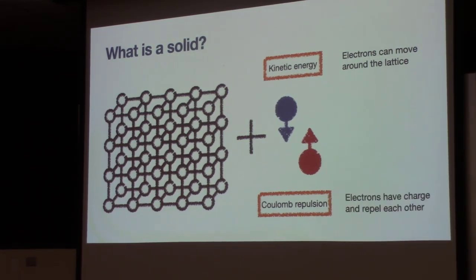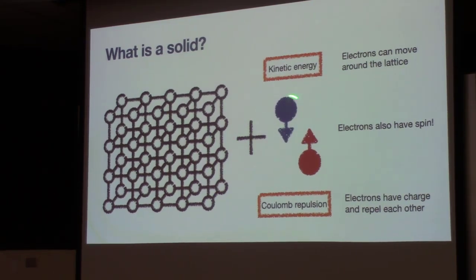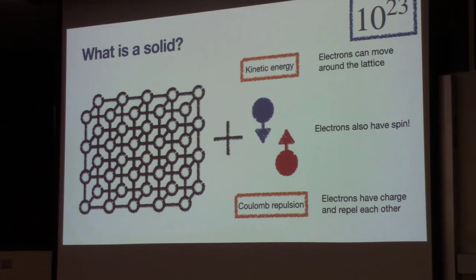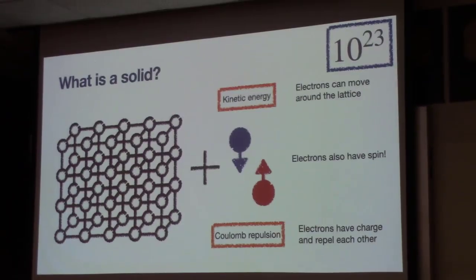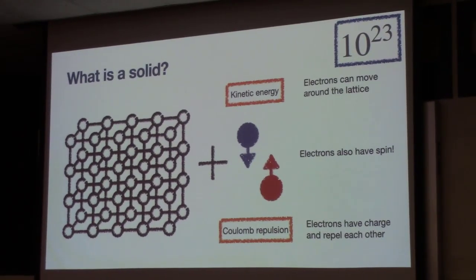The electrons have charge and they repel each other. Finally, the other ingredient is that electrons also have a spin, and that's why I denoted them by red and blue, or up and down. And just to keep this number in mind, there's 10 to the 23. So this is a many-body problem.